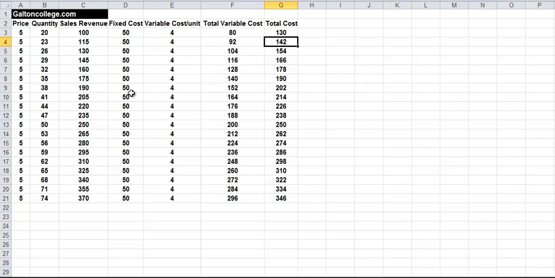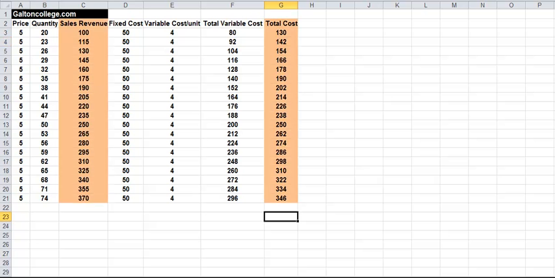So we can work out the total cost quite simply by adding the variable and fixed costs together. So now we've got two columns here which are extremely important. We've got the sales revenue and the total cost, and when both of those are balanced or are equal, that's when the break even occurs. We have to find the point where the total cost is equal to the total revenue.